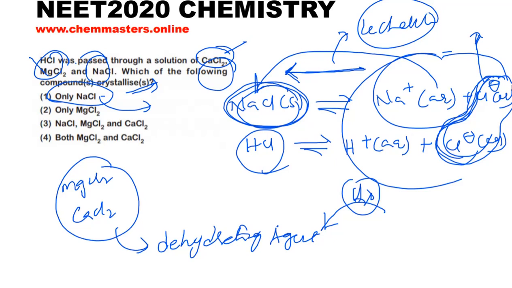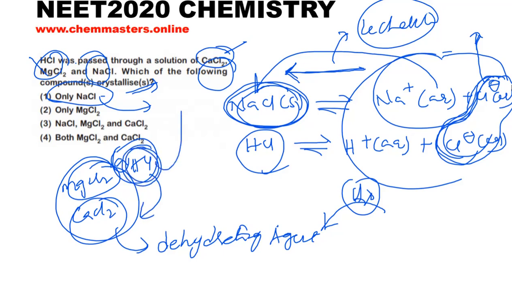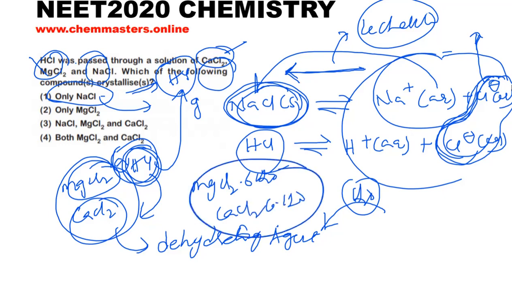So when you take MgCl2 and CaCl2 with that aqueous HCl, the MgCl2 and CaCl2 absorb all the water molecules from that HCl, and the HCl gas is released into surroundings. That means there is a formation of MgCl2·6H2O and CaCl2·6H2O in that reaction mixture.